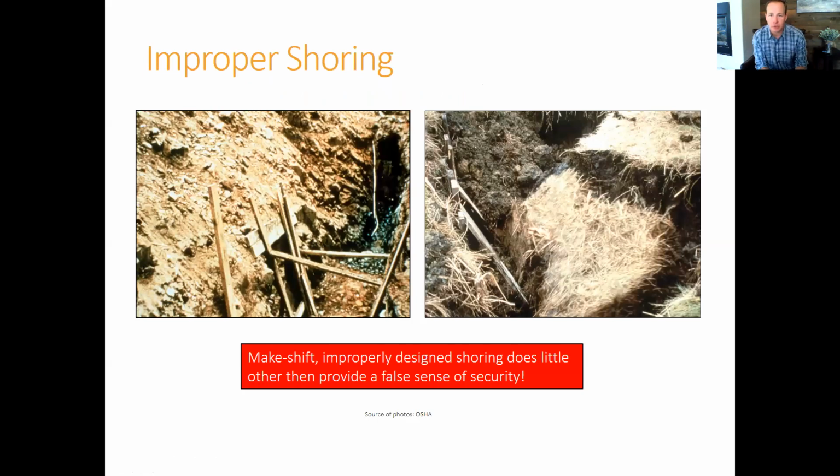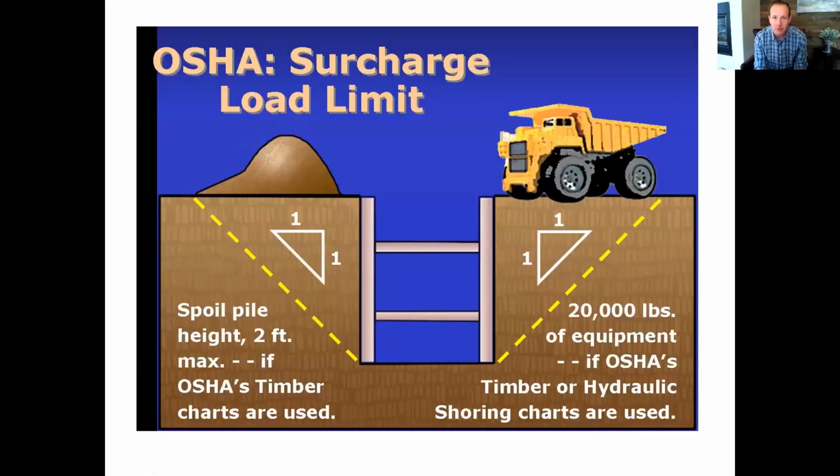Here's some improper shoring. So you can see that they have something that's pushing against the soil, but it's not built the way it's supposed to be built. When you have a shoring that's built per the OSHA manual, per the book, there's certain surcharges that are allowed on that trench.